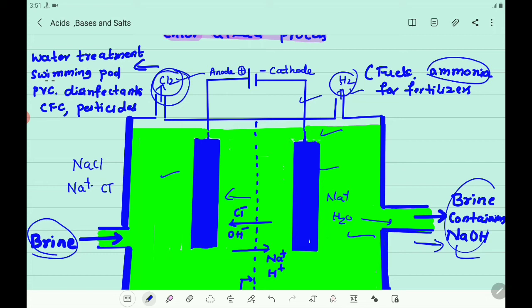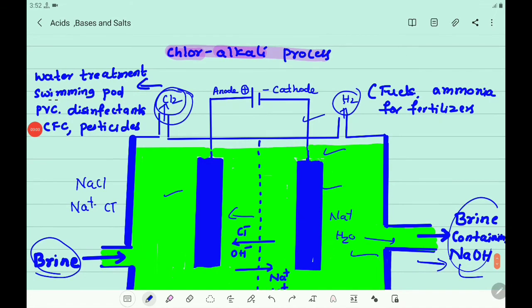Next, chlorine is used in water treatment, in swimming pools, in the manufacture of polyvinyl chloride, in disinfectants, in CFC, chlorofluorocarbon, which is used in refrigeration, and in the manufacture of pesticides. In all this, chlorine gas is used.